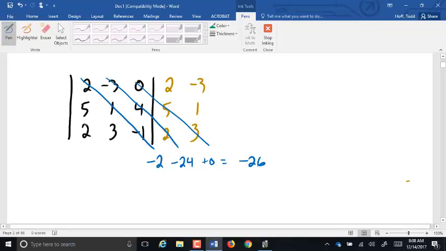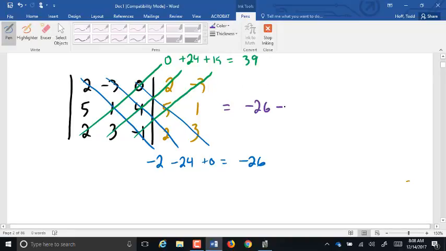Going up, 2 times 1 times 0 is, of course, 0. 3 times 4 is 12, times 2 is 24. Negative 1 times 5 is negative 5, times negative 3, positive 15. That gives us 0, 24, and 15 make 39 on the up. So we have a negative 26 minus a positive 39, which is a negative 65.